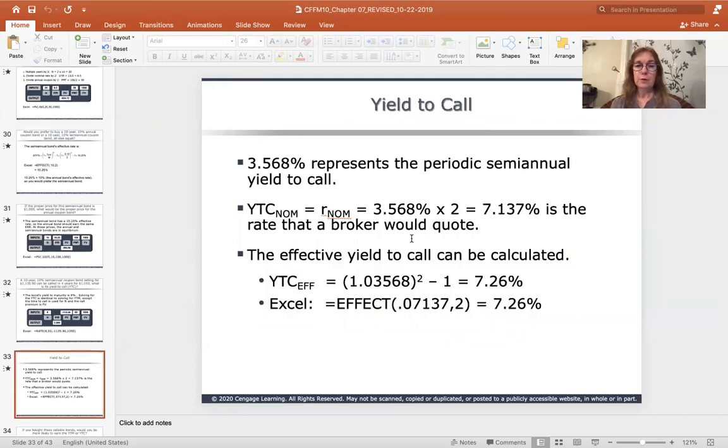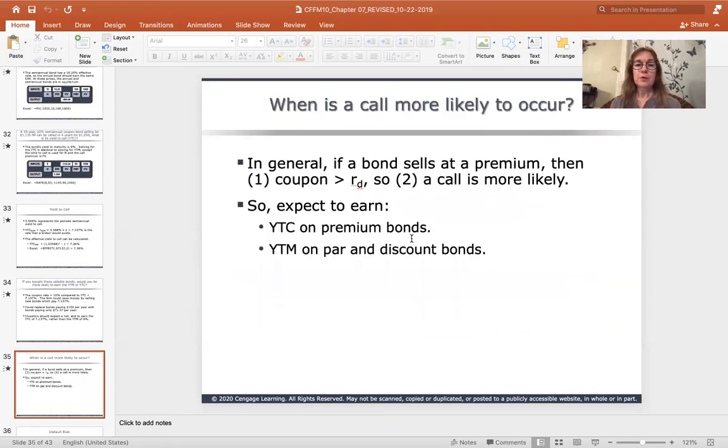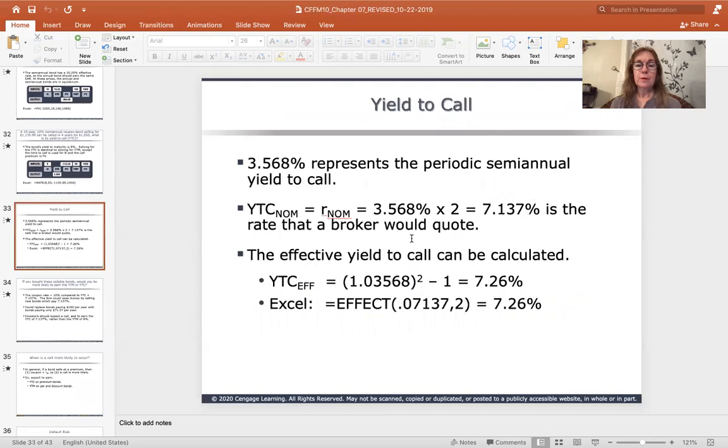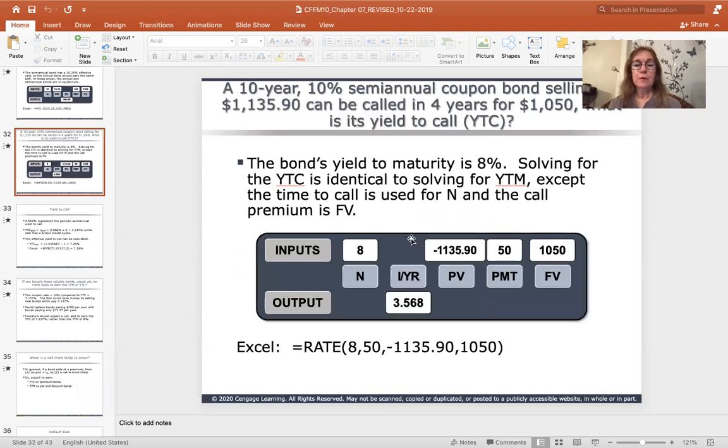All right, let me see. Oh, this one, yield to call. This is just saying that if interest rates have gone down, you can assume that a bond is going to be called in. And so we would calculate a yield to call. So this bond is a 10-year bond, but it's selling for a premium.